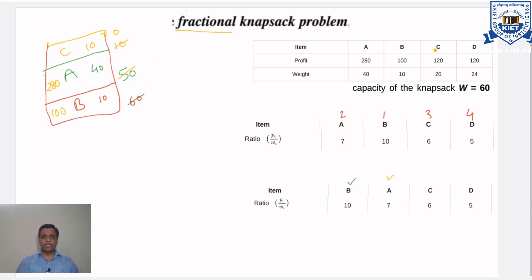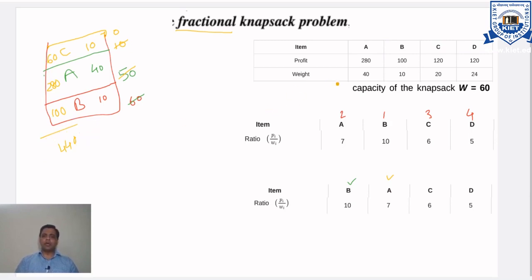The cost of C is 120, but the weight of C is 20 kg. So for 20 kg the cost is 120, but inside our bag we put just half of item C, so we get half the cost, which would be 60 for item C. So the total cost of our bag would become 440 rupees or dollars, whatever it is. So the cost of this bag would be 440.